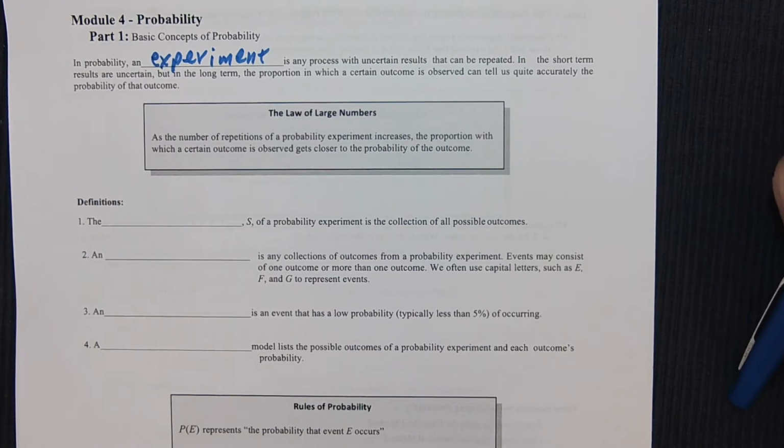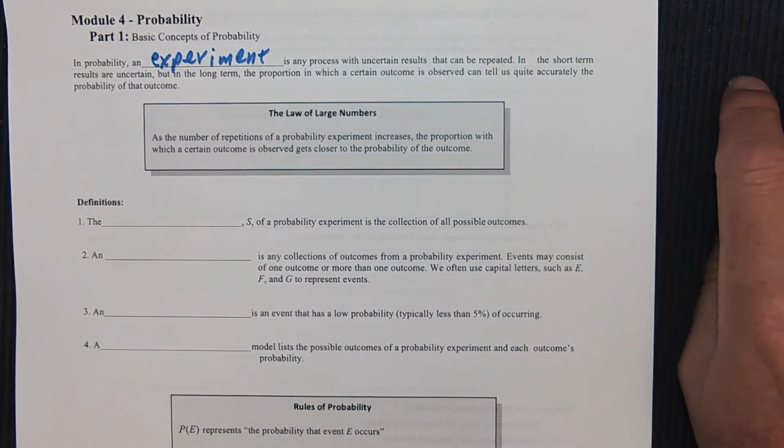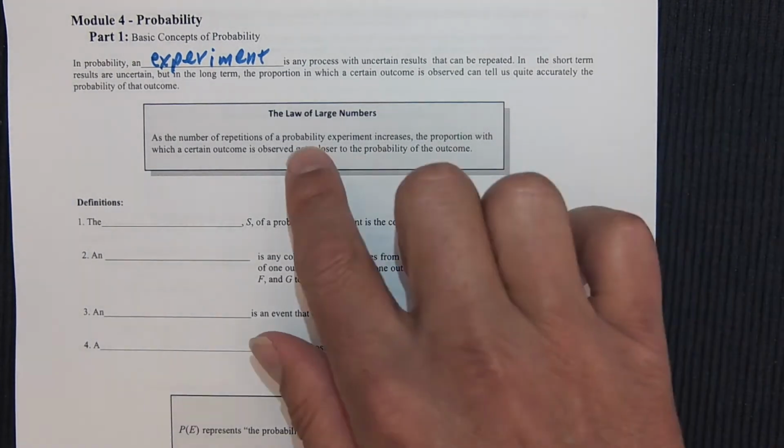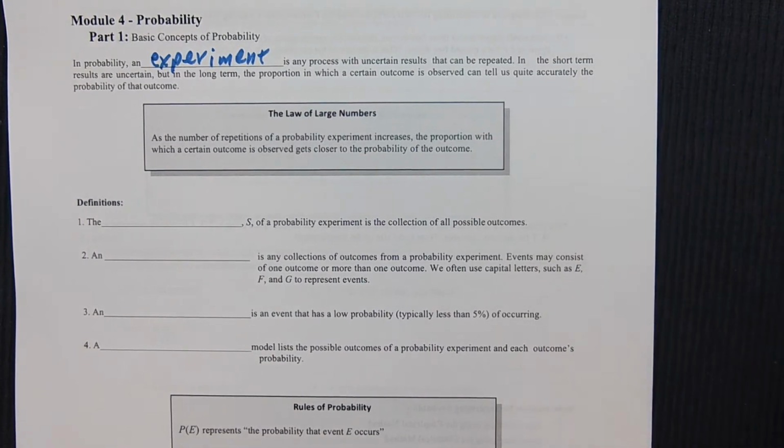Now we know that it should be 50% of the time. So what I then do is have the students pull out coins and they all flip it 10 times. And then we write the results on the board as far as how many heads or tails, and then average all of those, and it's much, much closer to 50%. So the idea is the more an experiment is done, the closer and closer you're getting to the true probability or mean or standard deviation or whatever it is that we're looking for.